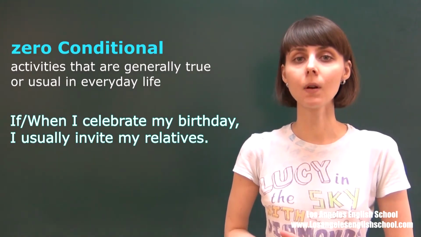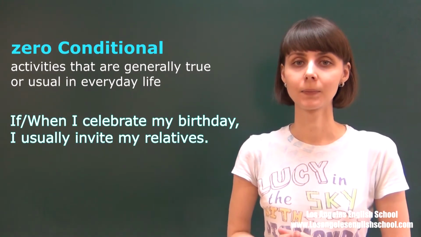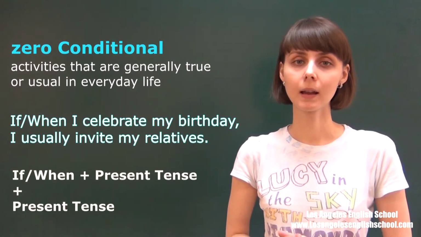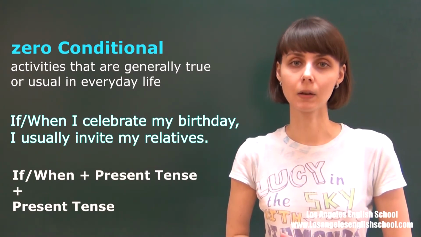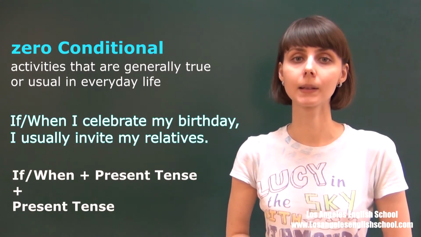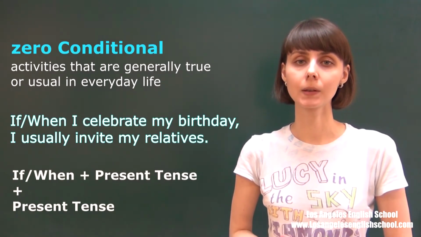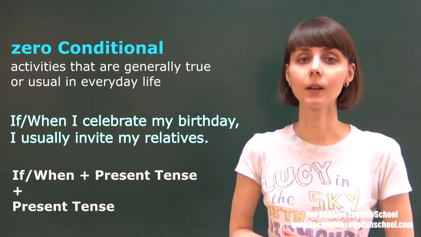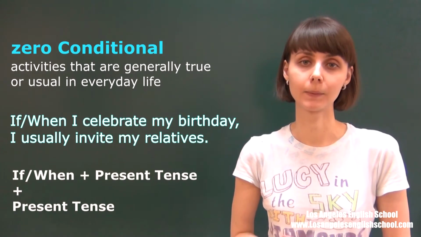So the form of zero conditional sentences is if or when plus present simple or present continuous, plus present simple or present continuous. So we talk about situations or actions that are generally true or can easily happen.